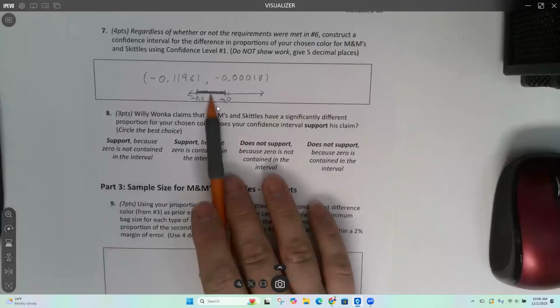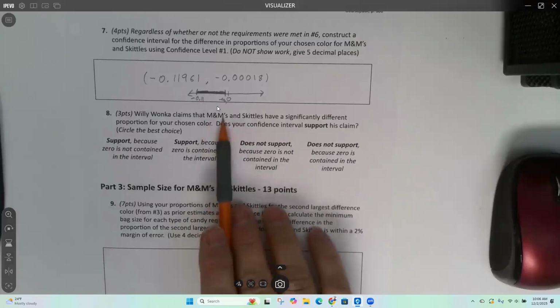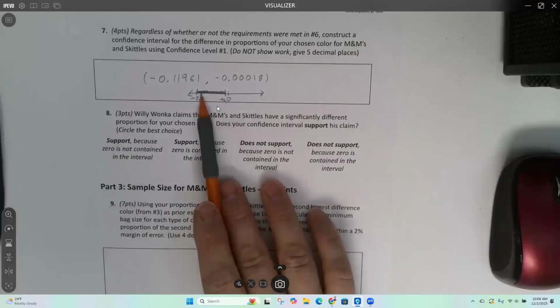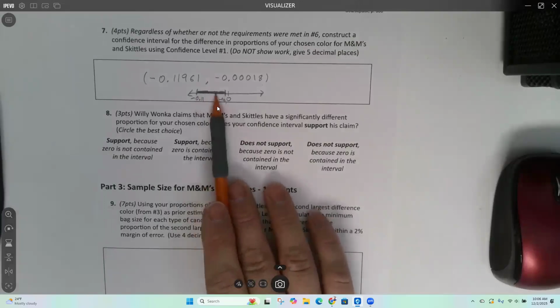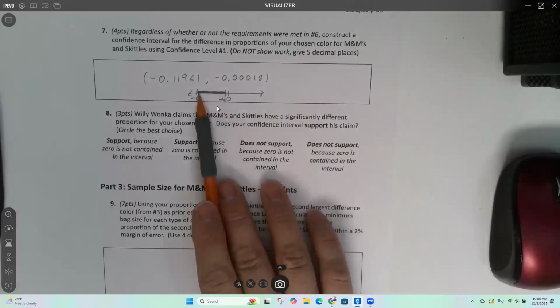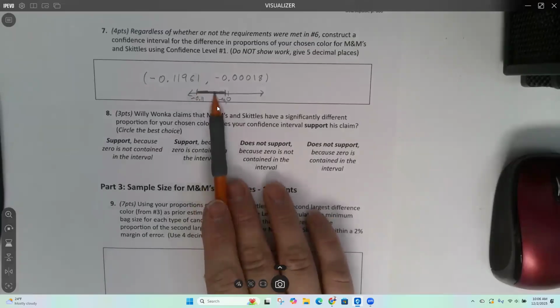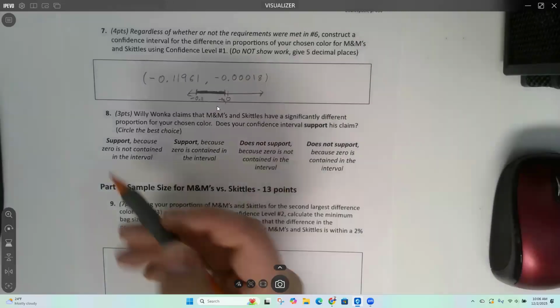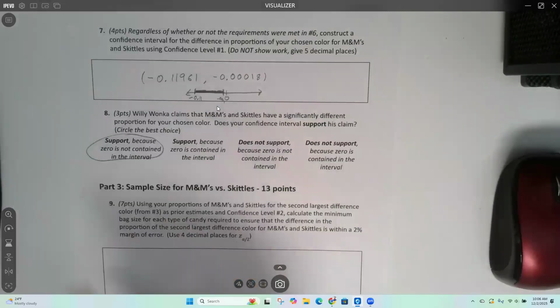So he is saying that the two proportions are different. And I agree because I'm 86% confident that the true difference is somewhere in this range. And all of these in here are not 0, which means that I think that M&Ms has a smaller proportion of green than Skittles, okay? So I support his claim because 0 is not contained in the interval.